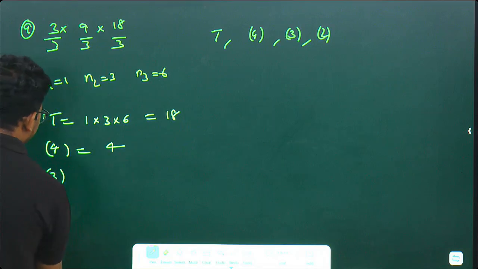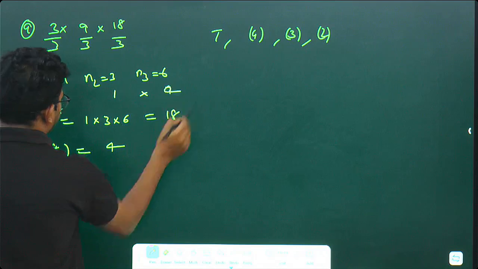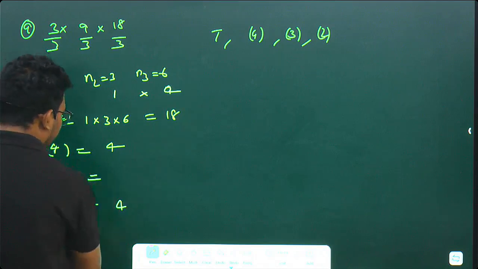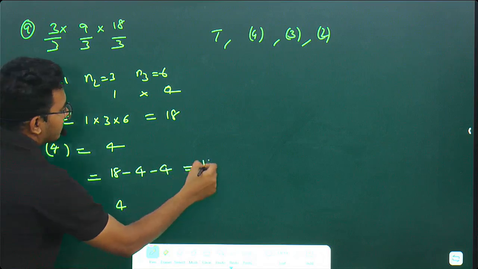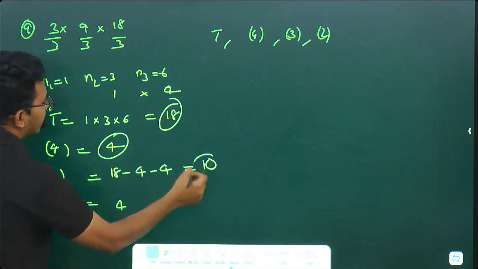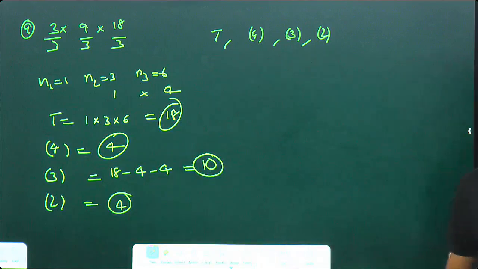For 2 surfaces painted, we need to find 1 into 4, which is 4. And here 18 minus 4 minus 4 gives 10. So the answer will be 18, 4, 10 and 4. Okay. Next.